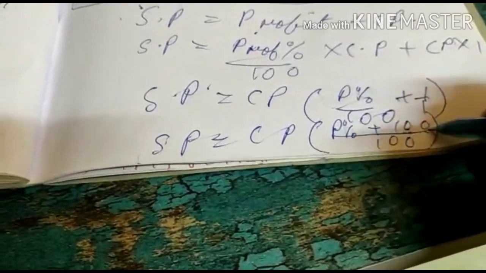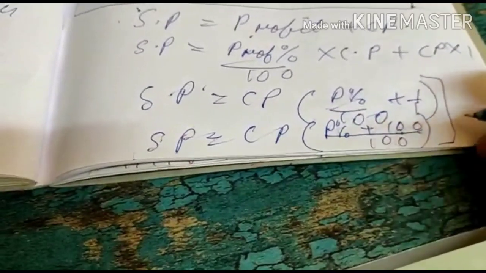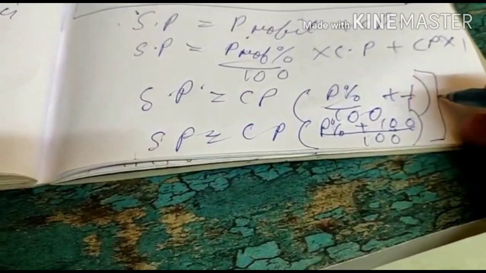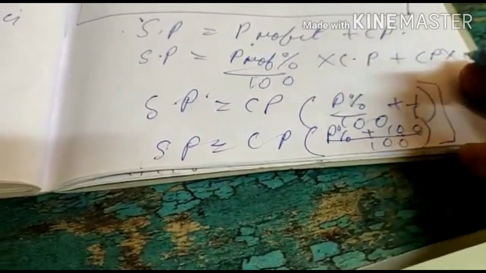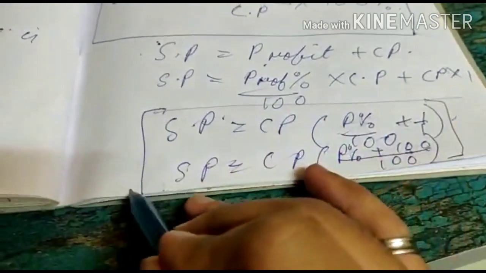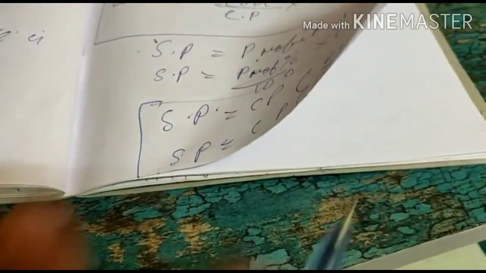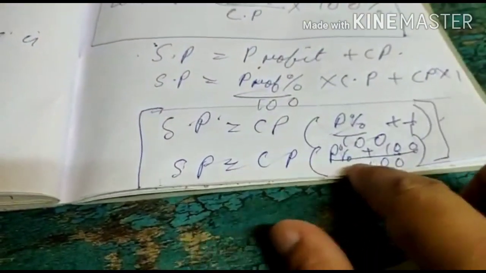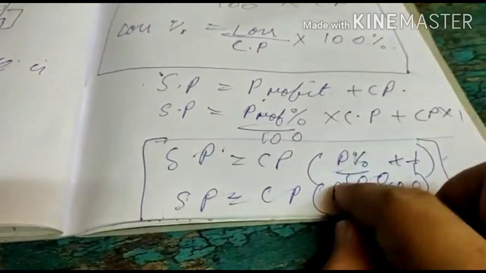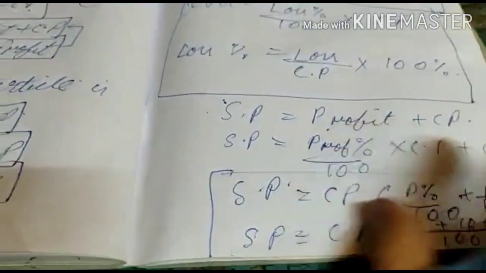The way you want to write these, both the formulas are same. The way you want to write will be okay. So this is the important formula. SP is equals to CP into profit percent plus 100 upon 100, or profit percent upon 100 plus 1. So you can use this formula directly.